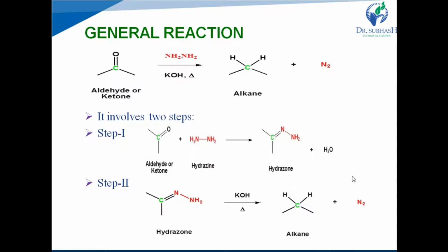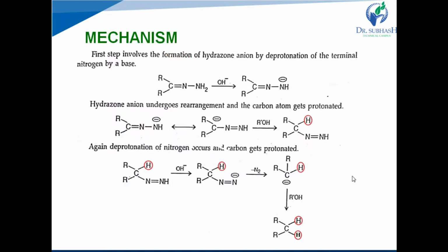In step 2, formation of alkane occurs. In this step, hydrazone reacts with KOH base in thermal condition to form the corresponding alkane with evolution of nitrogen gas. This step can be understood by its mechanism. Here, see, the first step involves the formation of the hydrazone anion by deprotonation of the terminal nitrogen by a base.